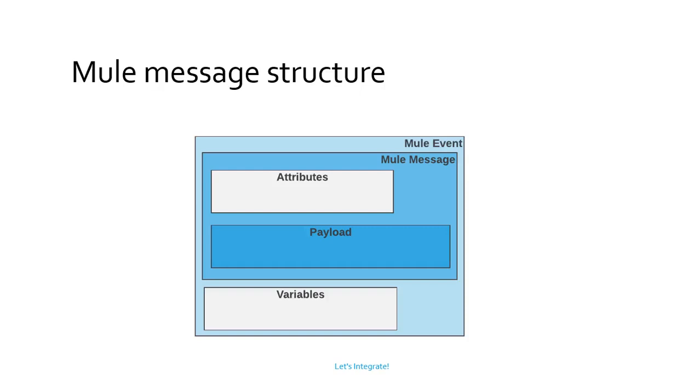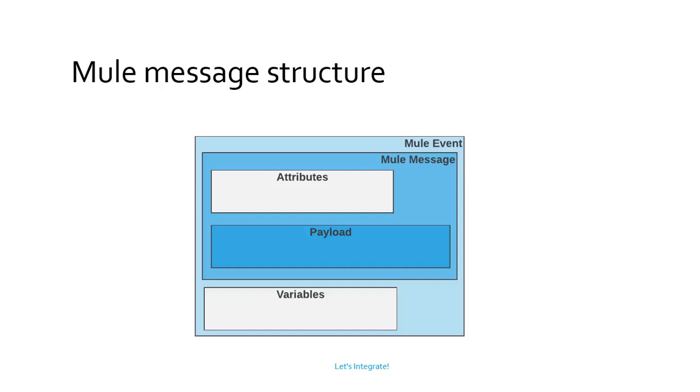You can visualize attributes like this: if you have an HTTP listener, you can have different methods like get, post, put. Those come under attributes. Your host, whether it is localhost or a specific IP address, also comes under attributes. We can access attributes by using the keyword attributes with the help of DataWeave.